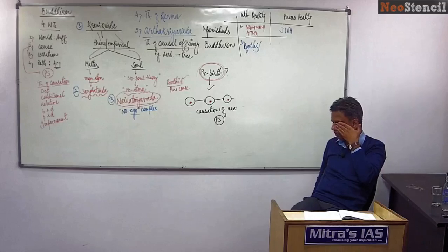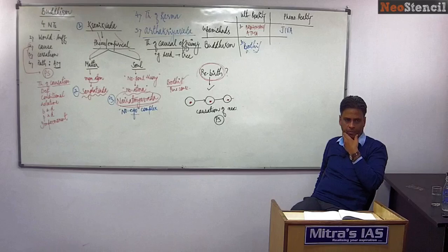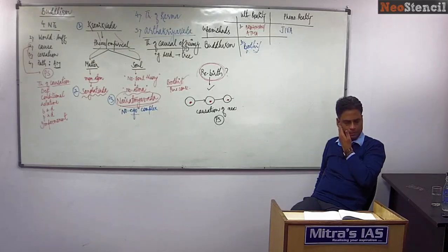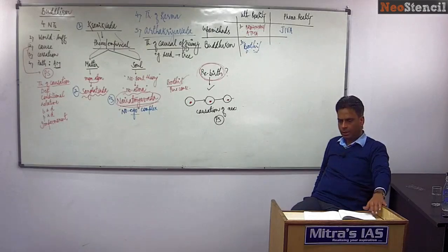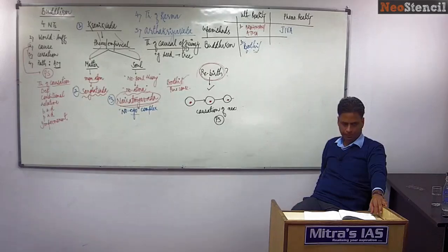Next point. To explain Kshanikvad, two analogies have been given, that is, stream of river and flame of a lamp. Next point.